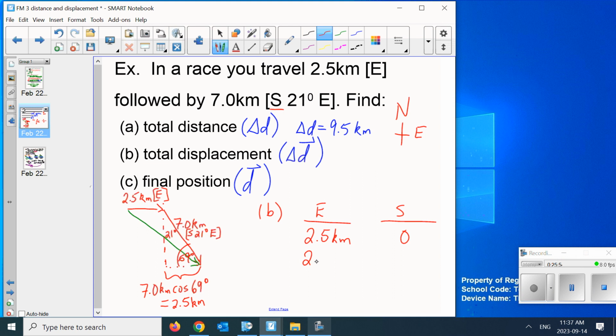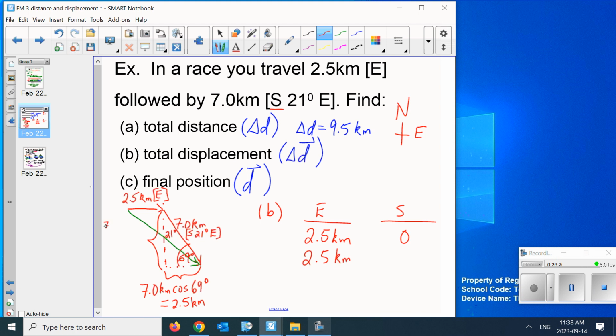This happens to be, by coincidence, 2.5 kilometers. But do you guys see why it's 2.5 kilometers? It has nothing to do with the previous vector. Then we've got to figure out how much south you went. So the south part is going to be the sine function. It's the opposite of 7.